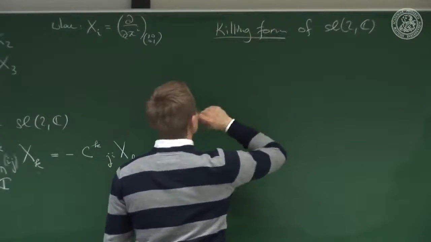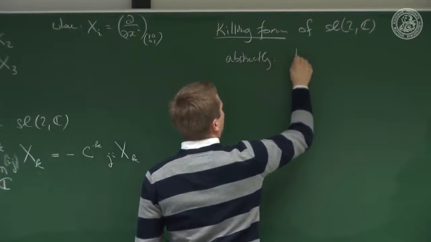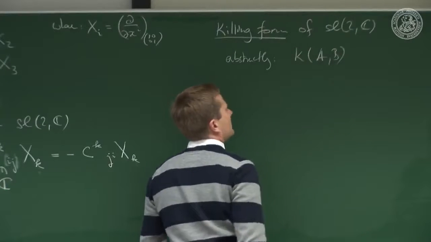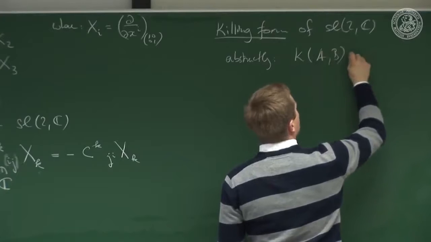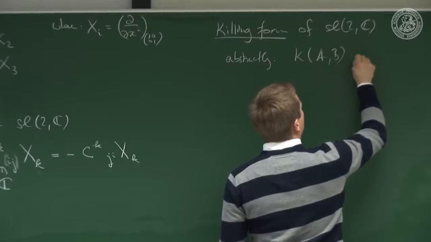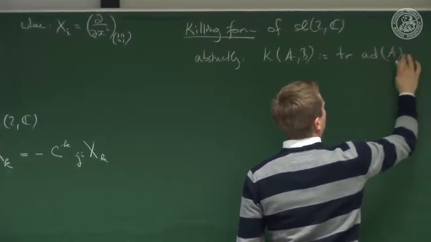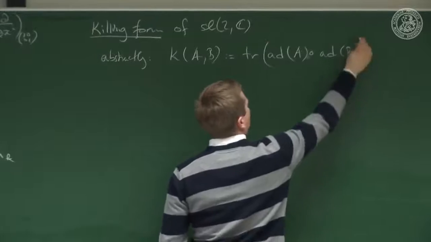That guy was abstractly given by K of A and B, being elements in the tangent space at the identity in this case, and that was given as the trace of the adjoint of A composed with the adjoint of B.